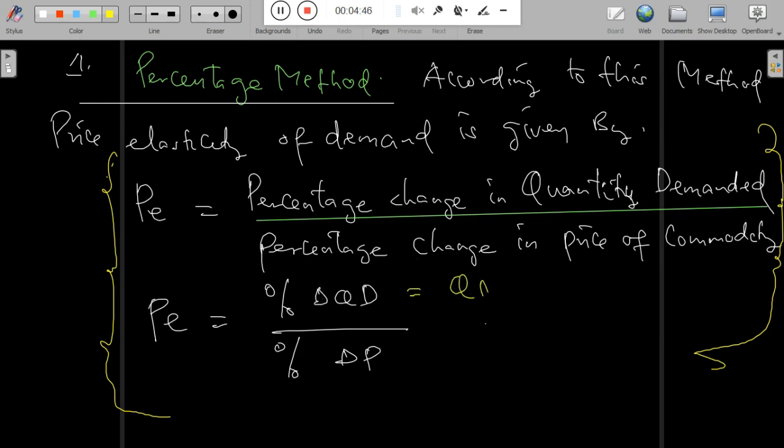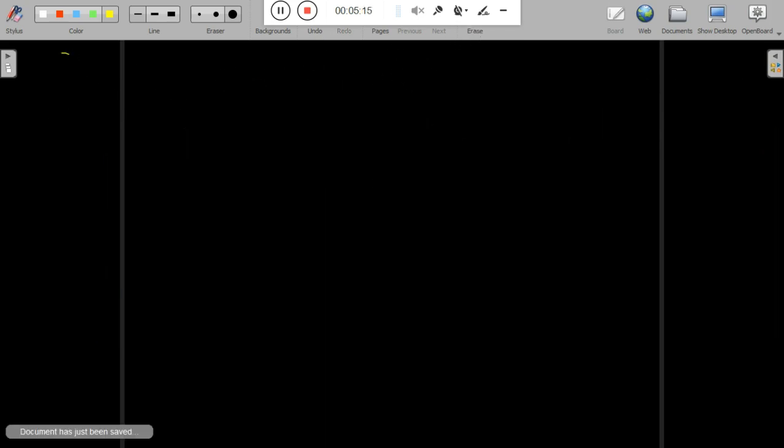As I told you, Qn represents the current quantity, and Qo represents the base year quantity or the old quantity, Pn represents the current price, and Po the base year price.